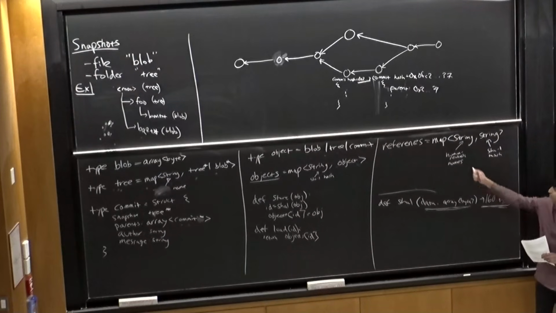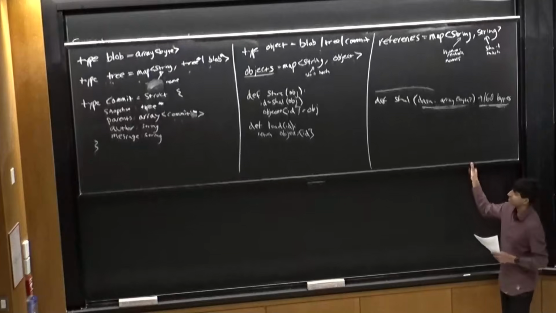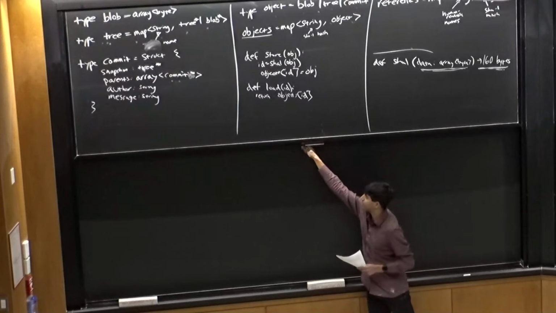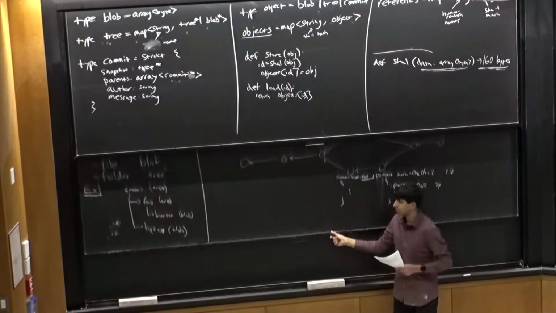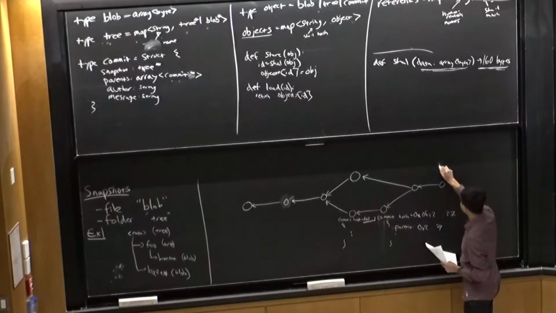So you might want to have human readable names, like maybe you want to refer to the latest version of the code base you're working on with the name main or master. That might be a tag or branch in Git terminology that refers to a particular commit in your commit graph. And because this references mapping in Git is mutable, you can keep this up to date as you continue to develop your software.